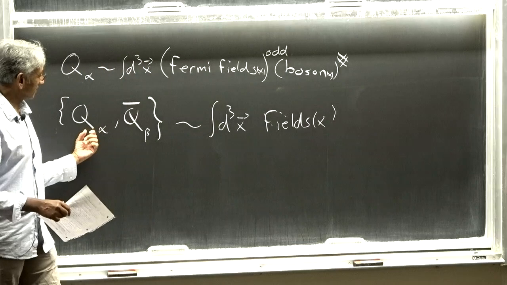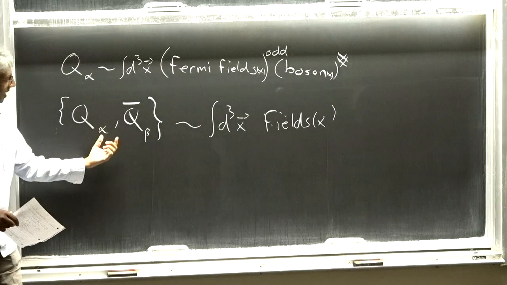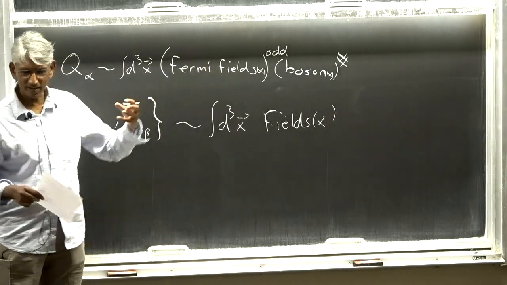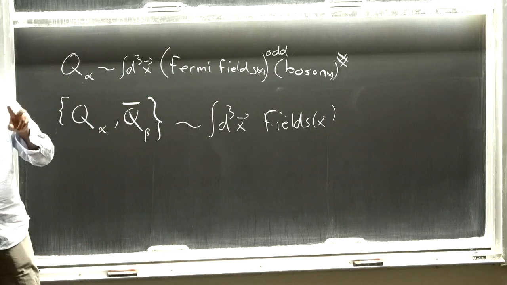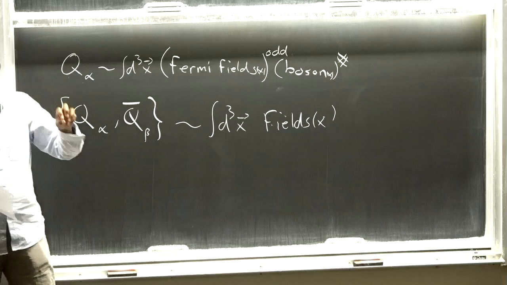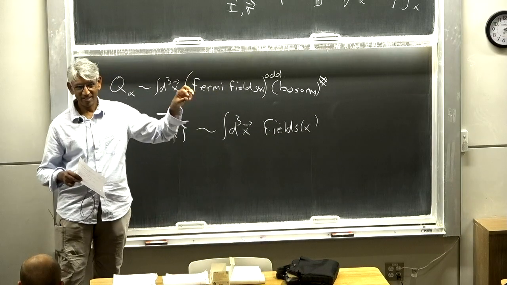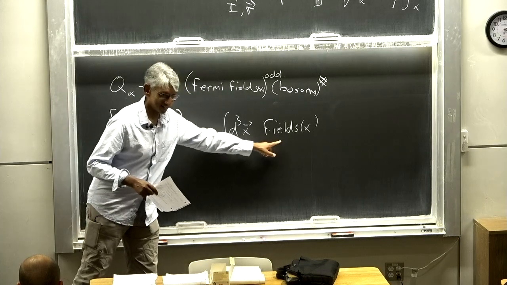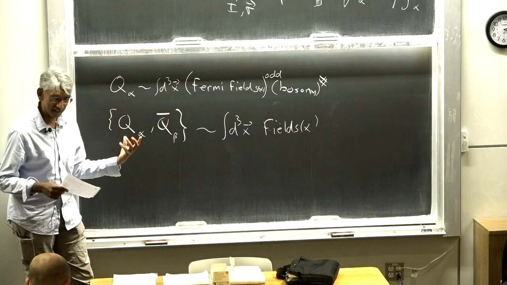So when you do this grand anti-commutation, you get two fields, commute or anti-commute, equals delta function in space, okay? That's what allows this to be true.